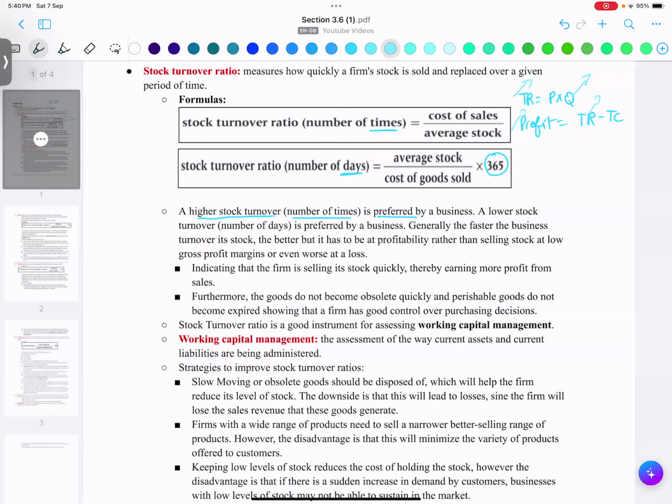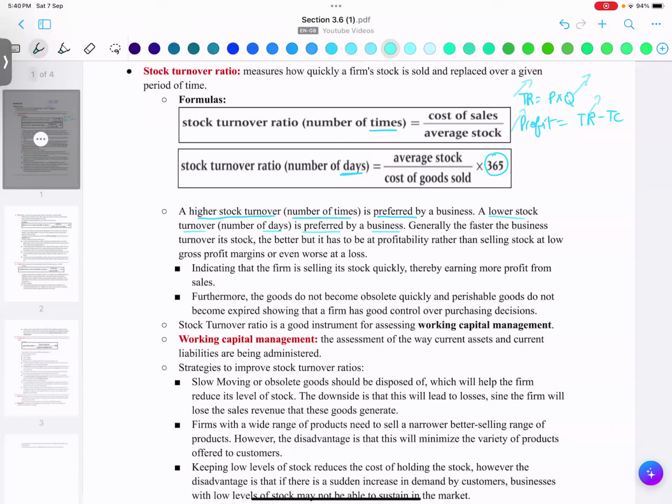Okay. A lower stock turnover in number of days is preferred by business. Why? Because for stock turnover ratio in number of days, the lower the number of days it takes them to replace their stock, the better, because these two are quite different. I'm going to explain how right now.